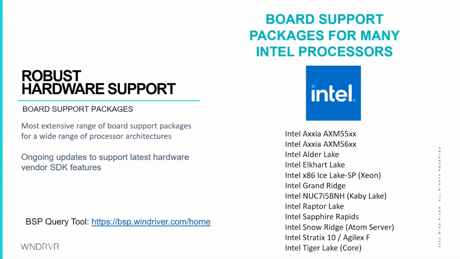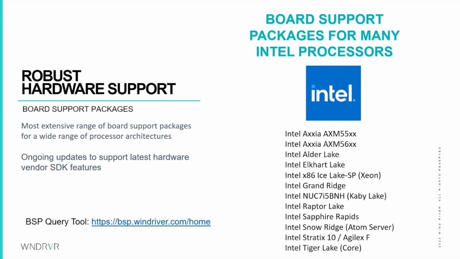Particularly in the area of support for Intel processors, we've had a long partnership with Intel. In fact, we used to be part of Intel for a period. So Wind River has had a special relationship with Intel for a long time. You can see some of the different hardware platforms we call out as supported. Obviously, there are quite a few x86 ones there, both in the Atom or smaller server space, even up into the commercial server space.